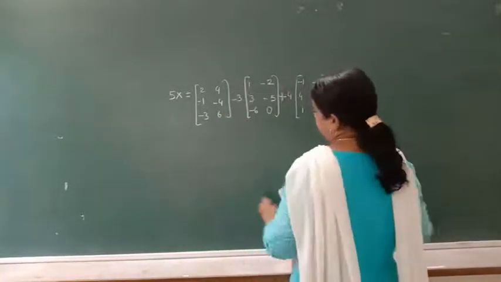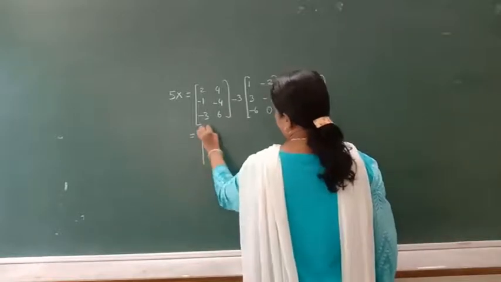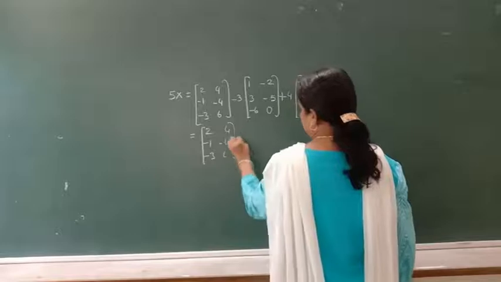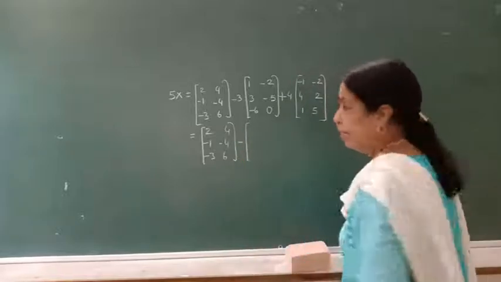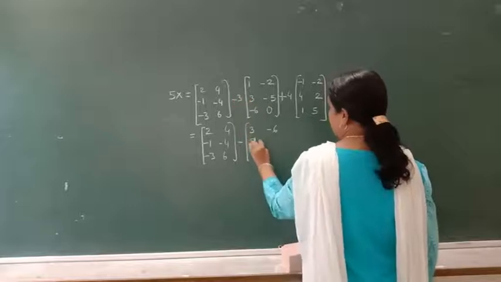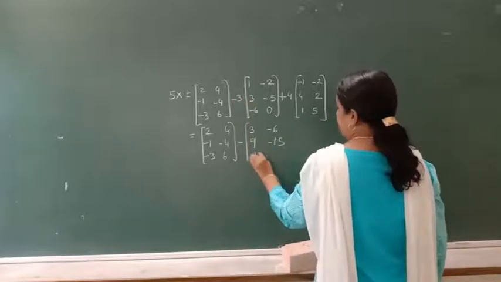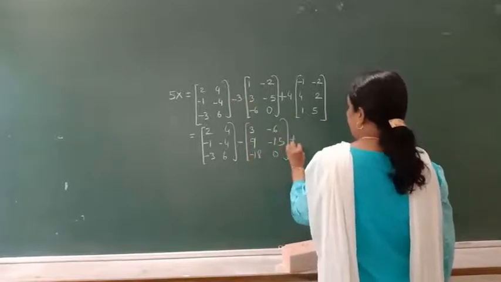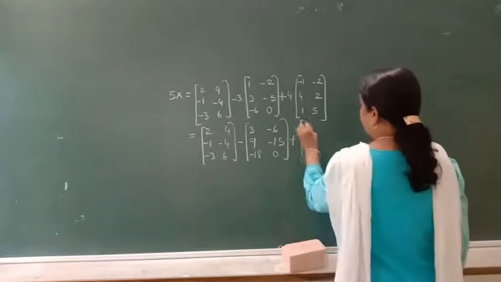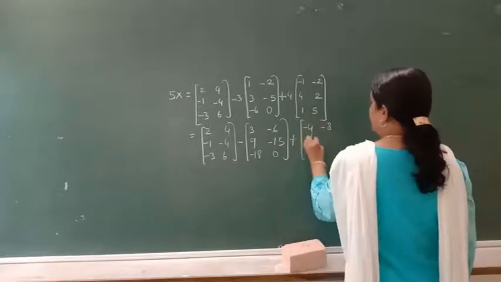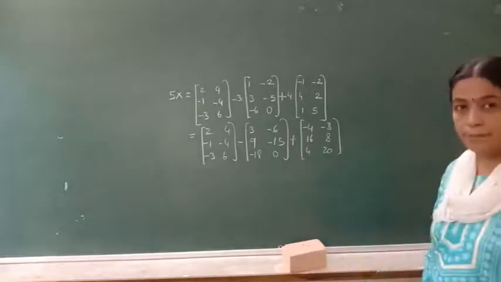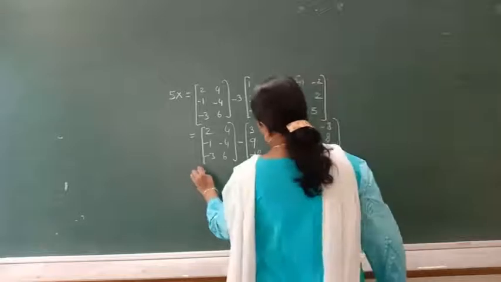Now see, first [2 4 -1; -4 -3 6]. Now we will multiply by 3, scalar multiplication: 3 1s are 3, -6, 3 3s are 9, -15, -18, 0. Plus multiplying by 4: -4, -8, 16, 8, 4, 20. First comes subtraction, so I will drop this.